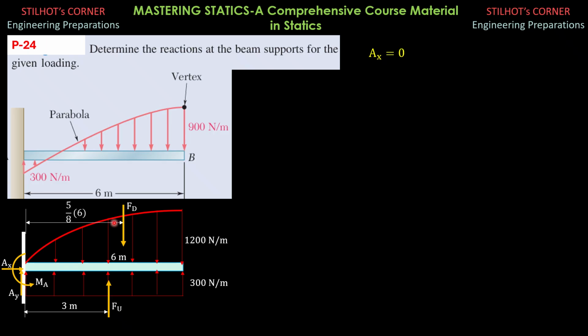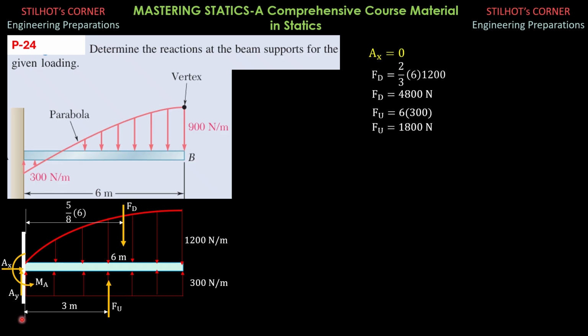FD is 2/3 of base times height. So F down is 2/3 of 6 times 1,200, and that is equal to 4,800 newtons. While F upper is 6 times 300, and that is equal to 1,800 newtons.